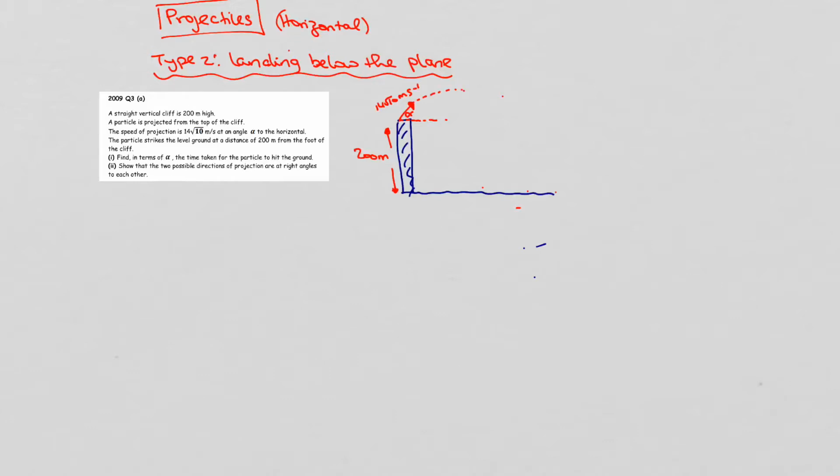And of course, with this projectile, as it goes up, it's going to come down, but this time it's going to land below the plane. Unlike in the last case where on landing we were able to say that Sy was equal to 0, we cannot say that in this case here. Instead, what we say is on landing, Sy will be below where it started, and it's 200 meters below where it started.